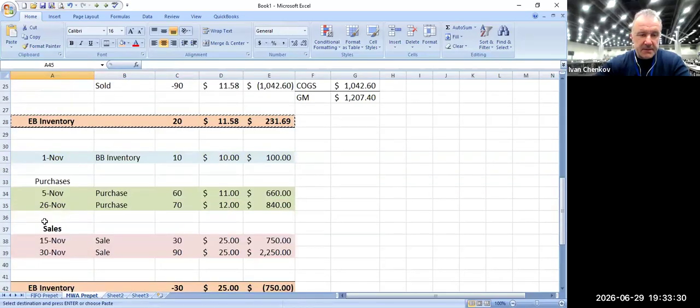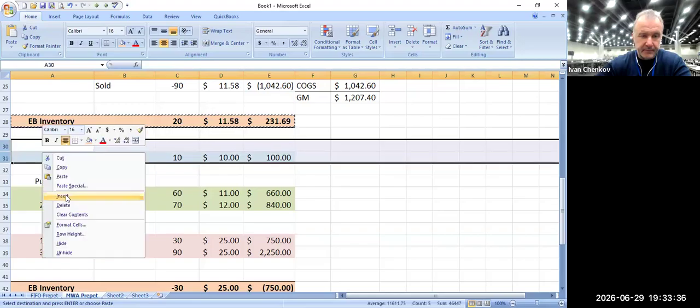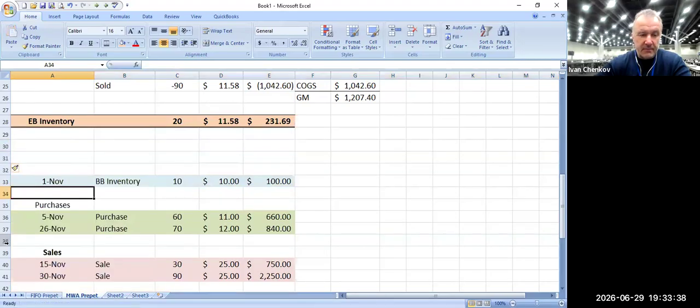So now let's make some adjustments. Once we have the beginning inventory, we're going to have available for sale.